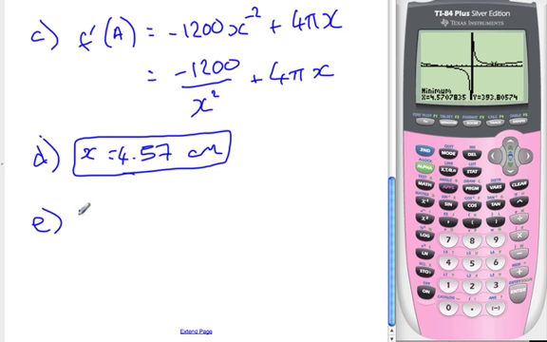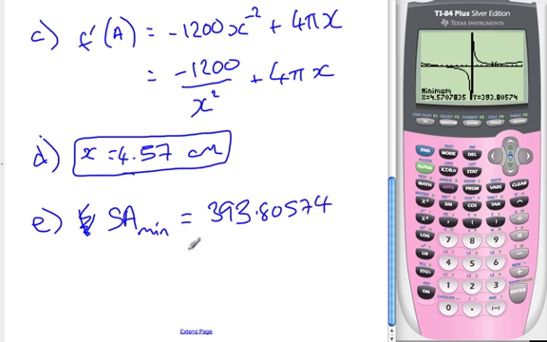So the surface area minimum is 394.80574. So to three significant figures, it's 394, and it's an area, so it's centimeters squared. Okay, and I've just got that from here.